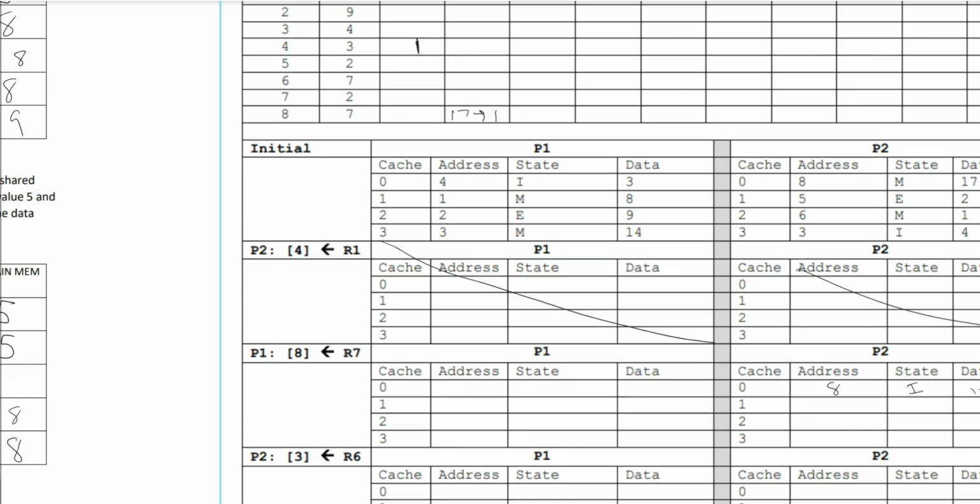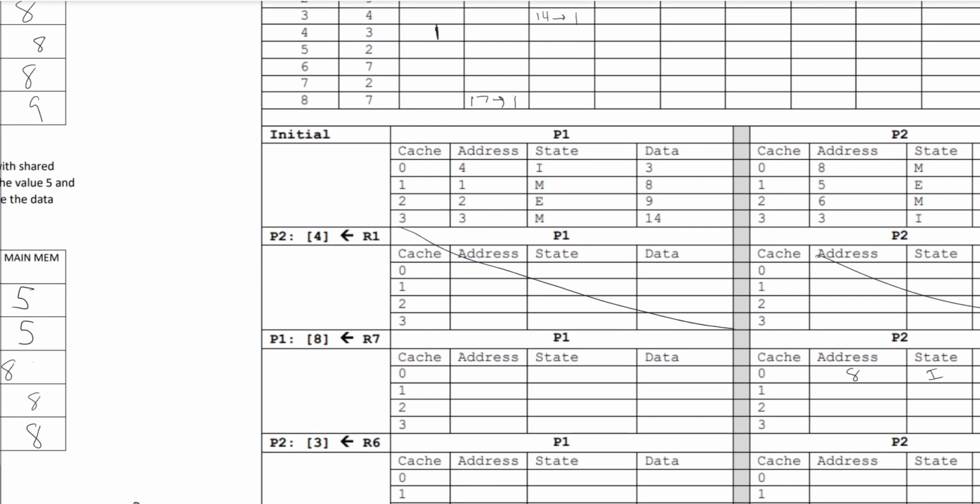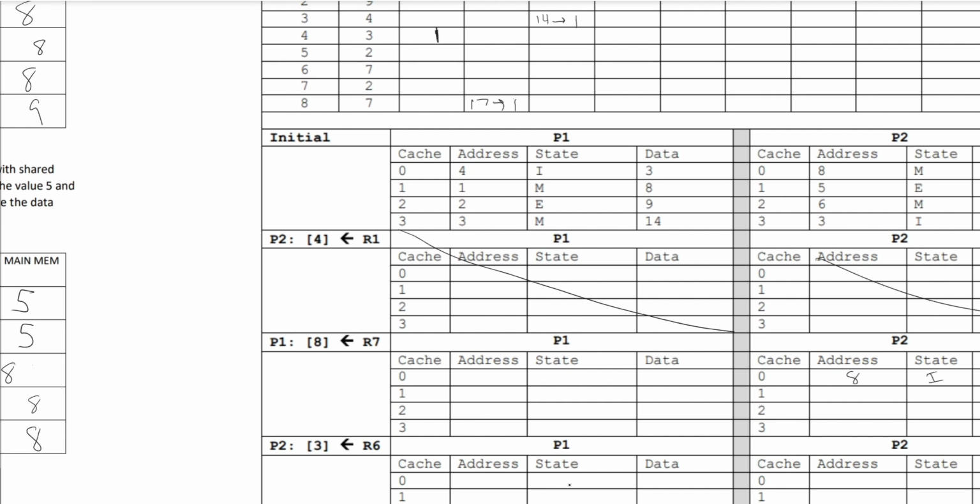We have to flush the 14 here. So address 3 becomes 14, and then it's going to become a 1 because that's what's in the register. And then this is invalidated with the 14 still for address 3. I should probably write down the rest, right?